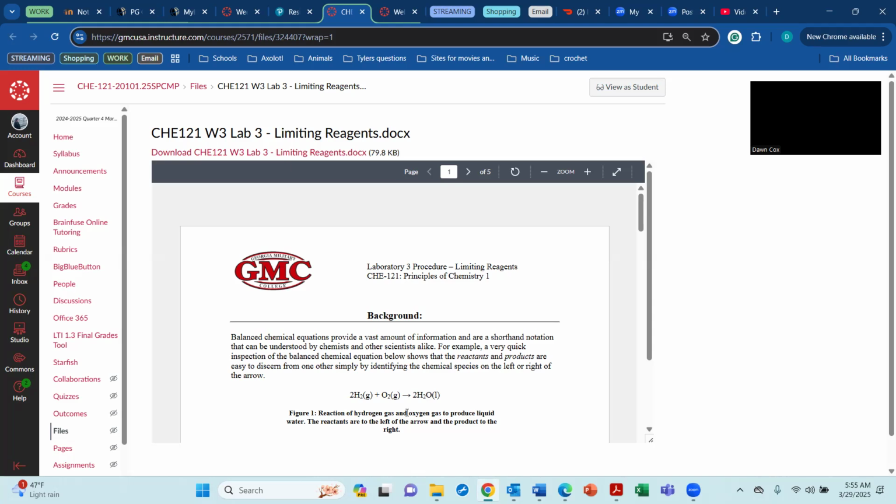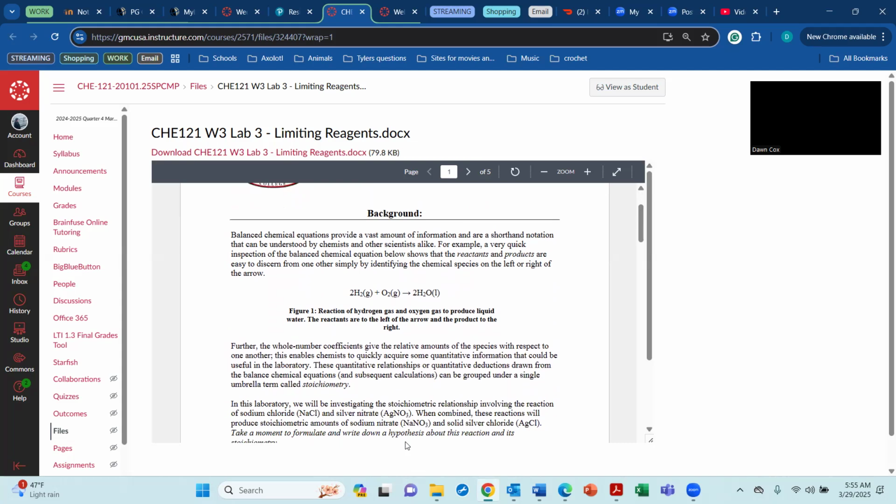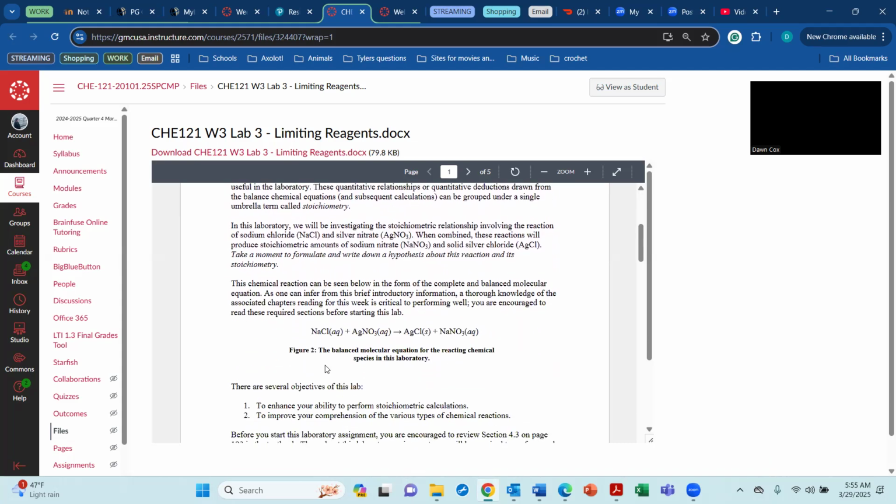Then, if it discusses certain concepts, for example, if you're discussing density, you probably want to talk about density. If you're talking about a reaction, then you want to include the reaction. So, for example, in this lab, you're actually doing three iterations of this reaction. So you might want to research that a little bit.